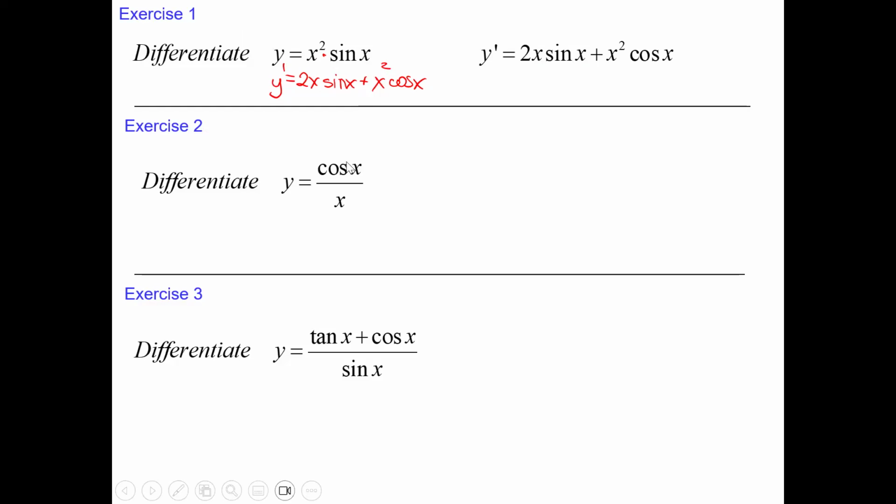Okay, exercise number 2, cosine of x over x. This one, I hope we will not miss the quotient rule. We have so much practice with the quotient rule. The derivative of cosine of x is negative sine of x, times x, minus cosine of x times the derivative of x, which is 1, over the denominator squared. Beautiful, and we can rewrite it like this.